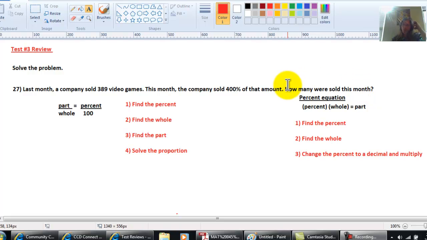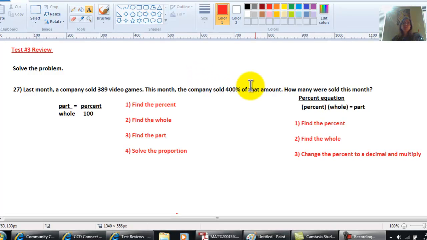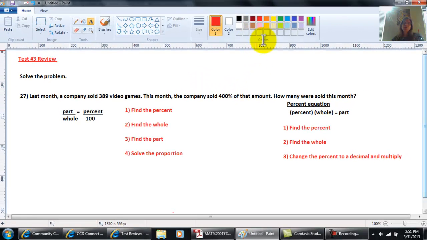So what they're telling you is last month they had a certain number of video games sold. And this month, they're saying it's 400% of that amount, meaning that amount is back over here.